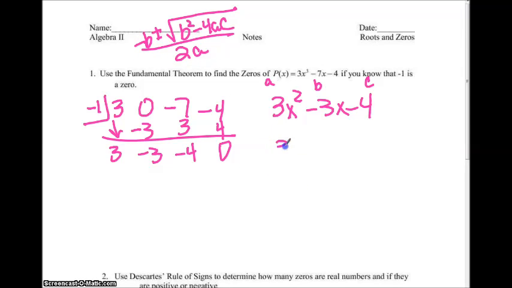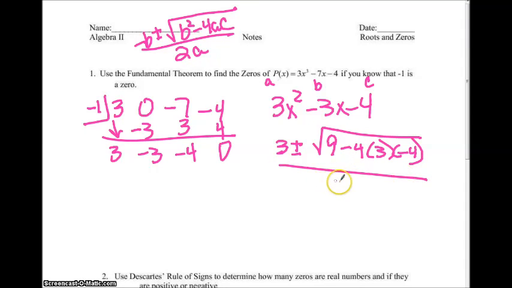So I'm going to have 3 plus or minus the square root of negative 3 squared is 9, minus 4 times a is 3 times c is negative 4, all over 2 times 3 is 6. So then I'm going to have 3 plus or minus the square root of, when you put all of this in, you're going to get 57, and it's all over 6.